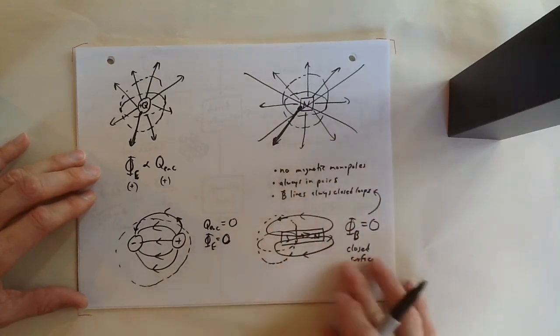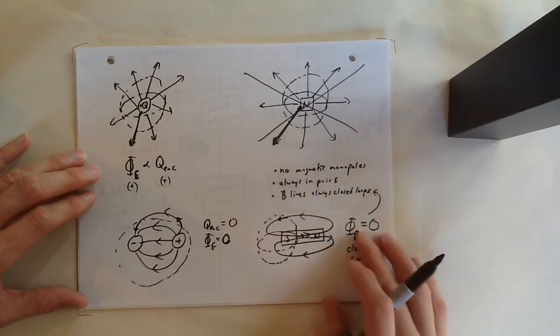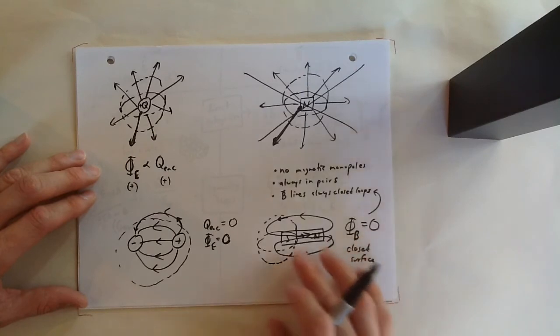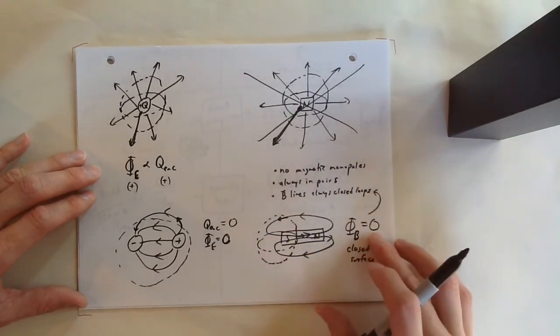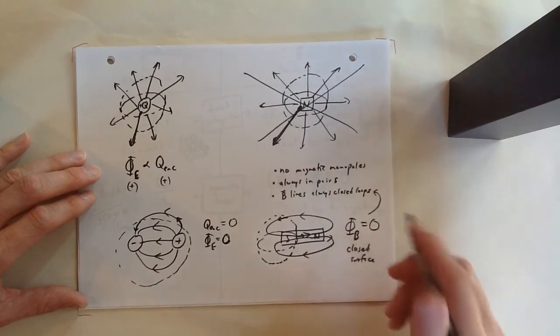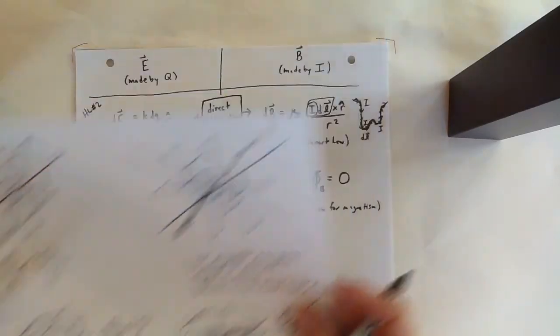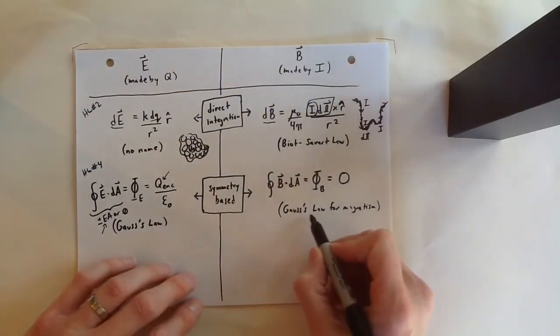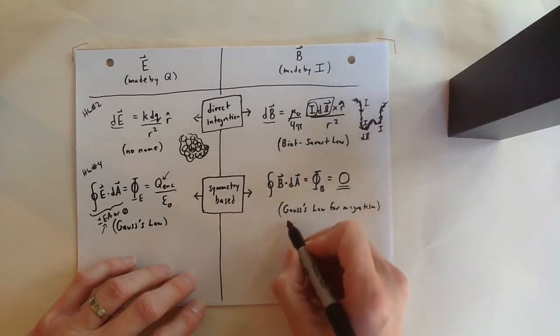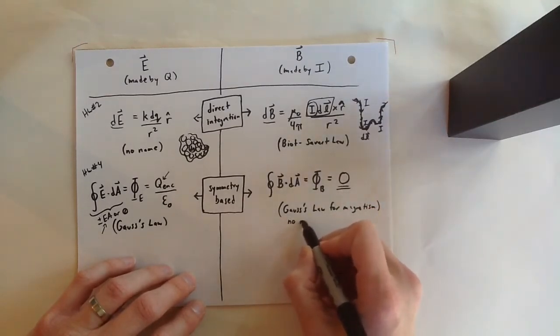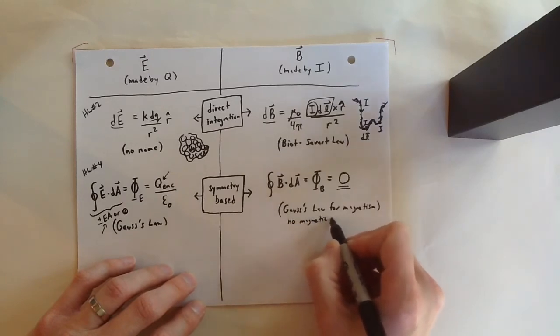The problem on the magnetism side is that that's always going to be true. You're always going to get zero flux. If the magnetic field lines are always required to form closed loops, any flux calculation across a closed surface is always going to give you zero. So essentially, with Gauss's law for magnetism, you're always going to get zero no matter what. Sometimes this is also called the no magnetic monopoles rule.